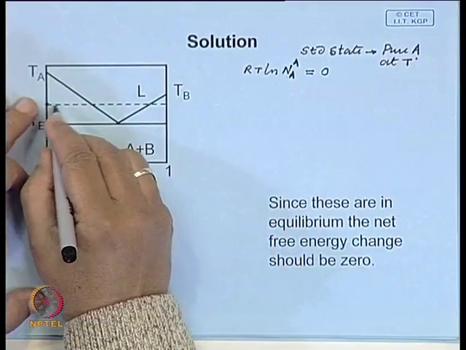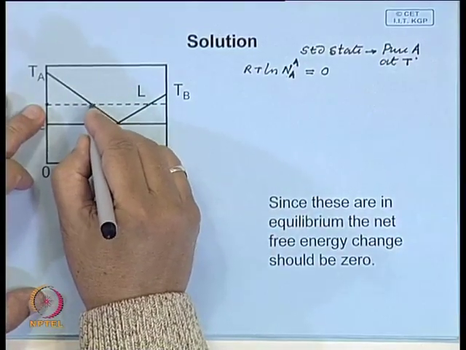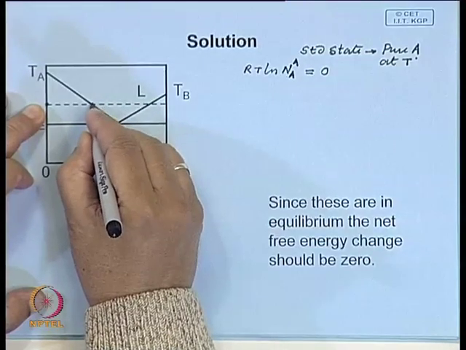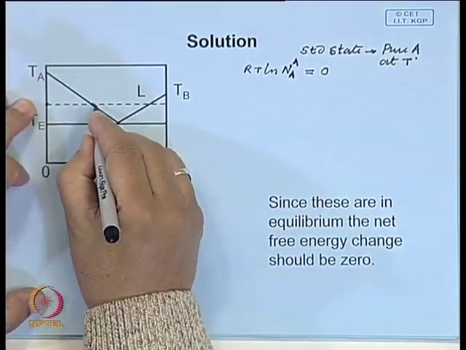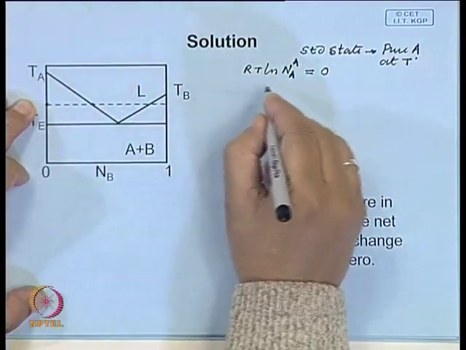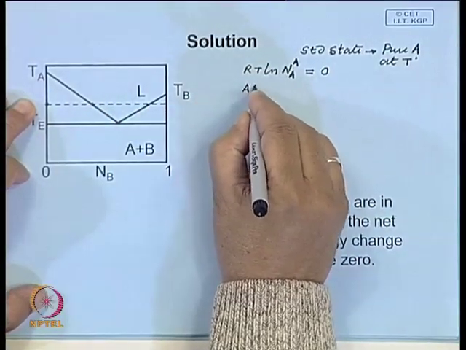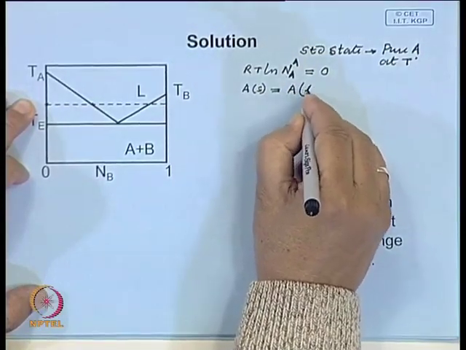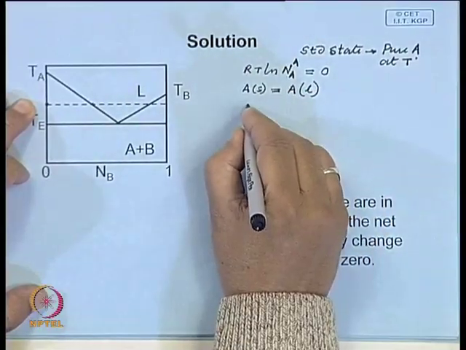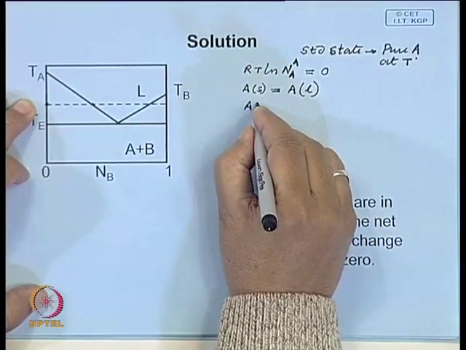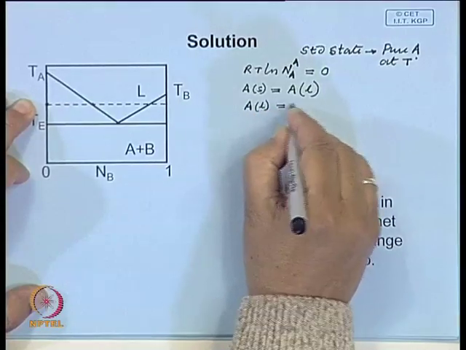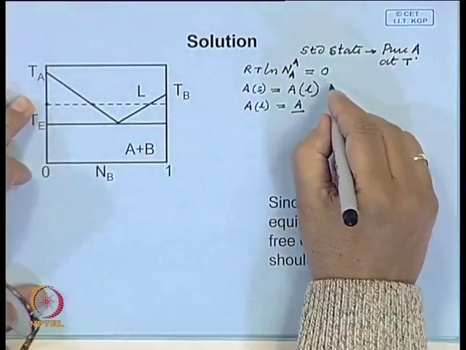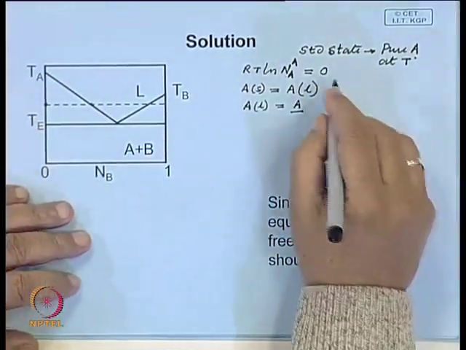Now, how do you calculate the free energy of the liquid, or let us say the partial free energy of A in liquid? How will you find out? In that case, you take first pure A solid, it transforms into liquid, and then we assume that this A liquid goes into solution. So, you can easily write it down. You can check up your earlier notes.